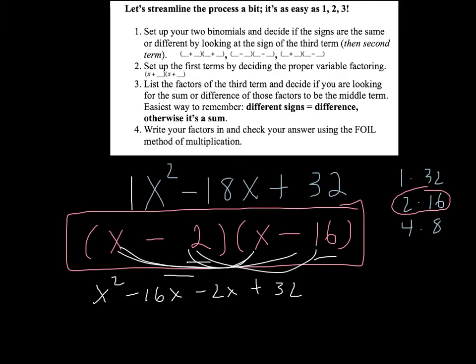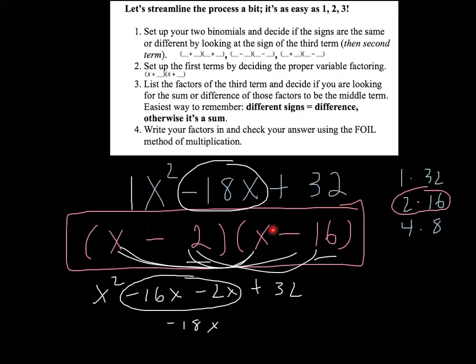And when I combine like terms here, what's going to happen? A negative and a negative is a bigger negative. This negative 18x, that was a sum. So in step 3, I list the factors over here, then decide if you're looking for a sum or a difference. Different signs mean that it's a difference.